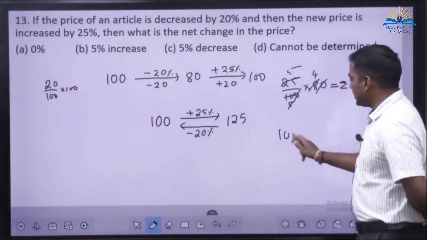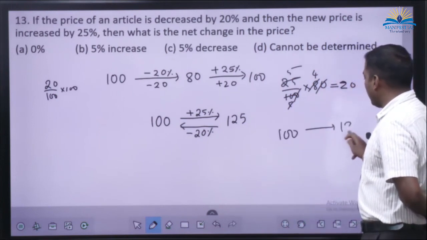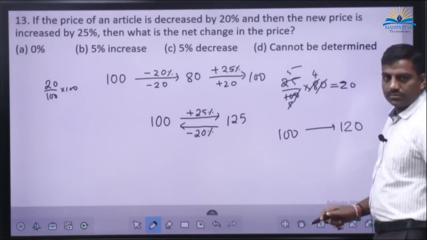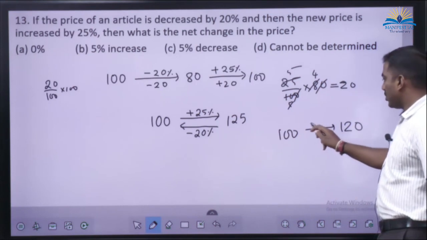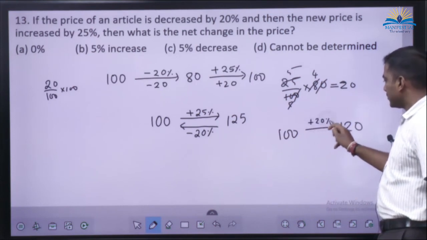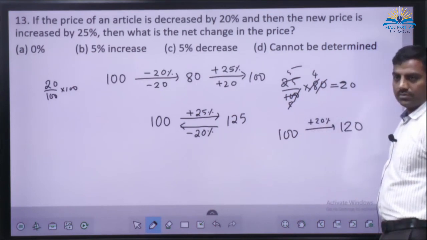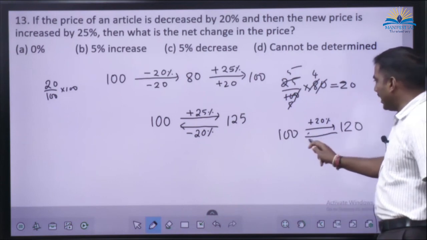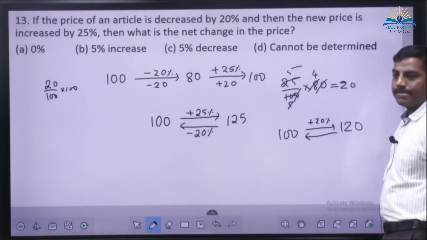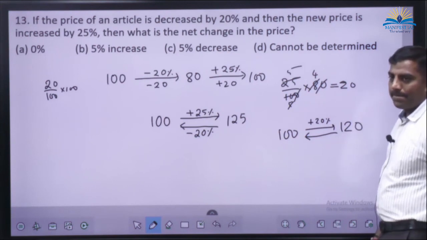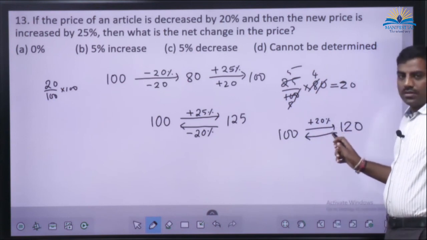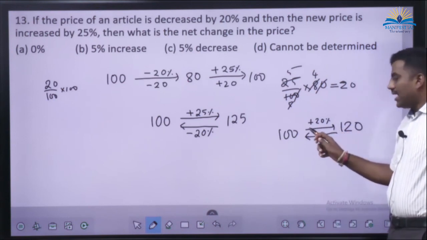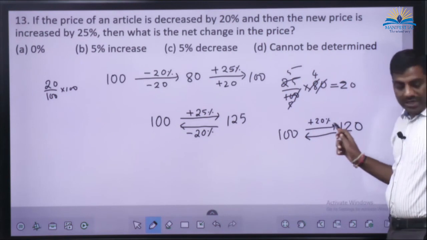Okay. Let's say you increase something by 20%. 100 has been increased by 20% to get 120.